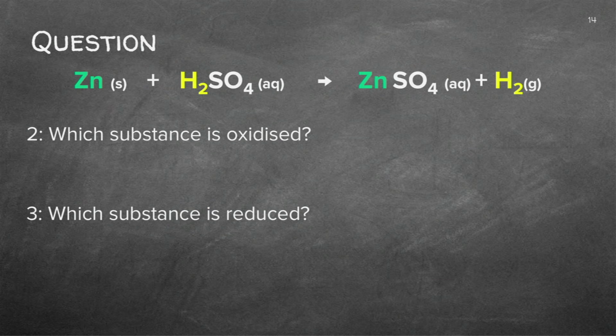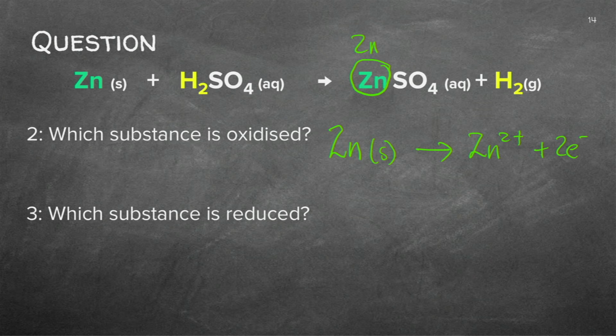Question: which substance is oxidized? That will be the oxidation half reaction. Do you see zinc solid will become zinc 2 plus, plus 2 electrons? How did I know it? Can you see the zinc there? It's bound to sulfate. Now, if you forgot, sulfate looks like that, and that's the charge, 2 minus.